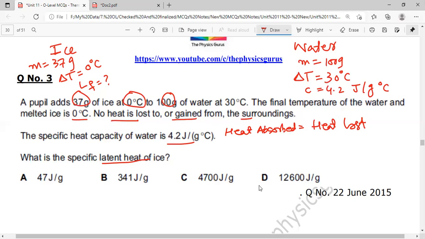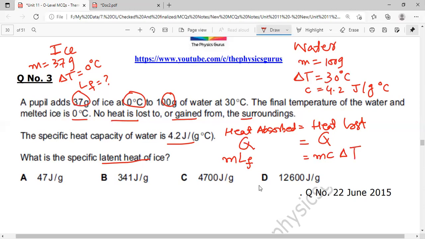So ice is being melted, so latent heat of fusion is there. Q over here and Q over here. Q is equal to m L_F and Q is equal to m c delta T.